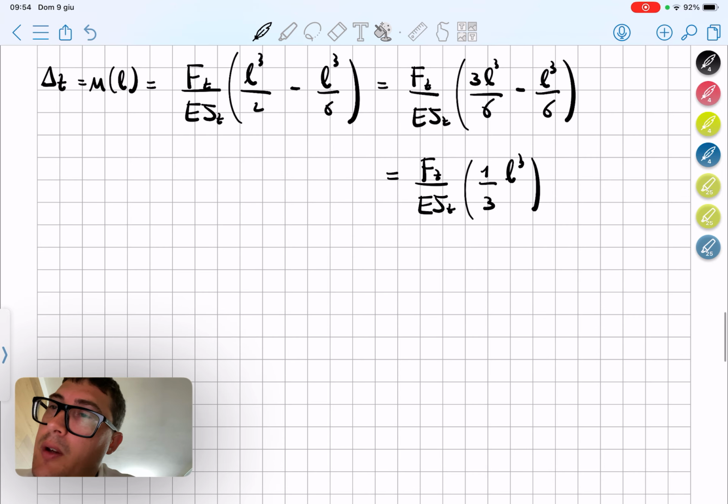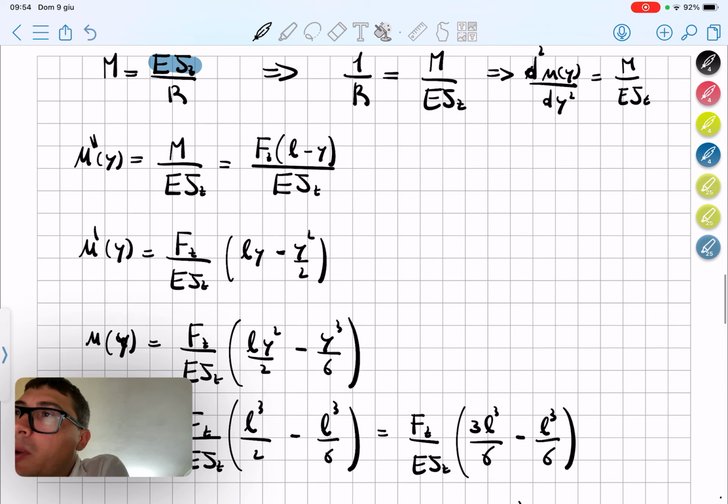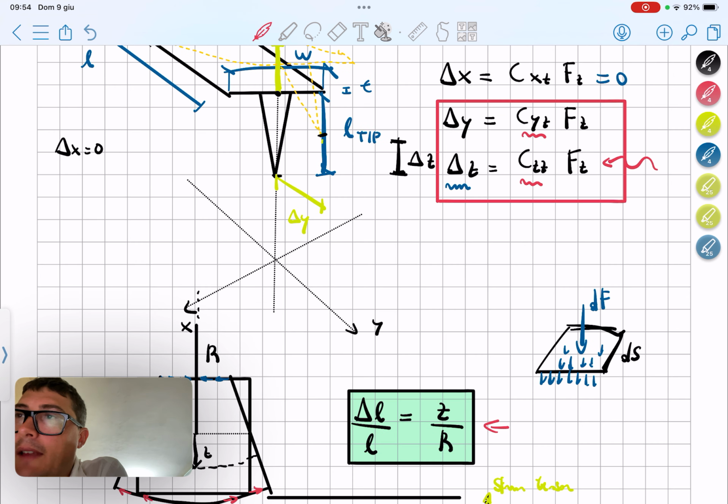So if we rearrange this, we get delta z, excuse me, is equal to L to the cube divided by 3EJz times F of z. But this is exactly the equation that we are looking for, which is this one. It has the same form. We have delta z, Czz, and F of z.